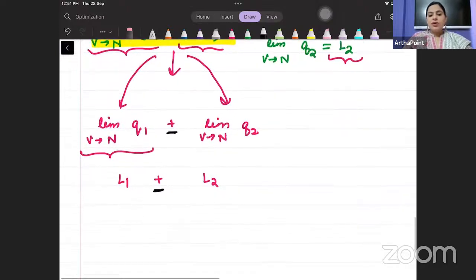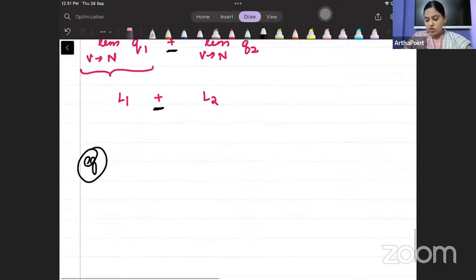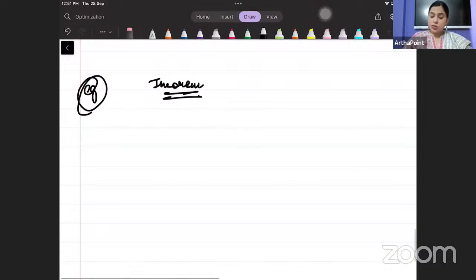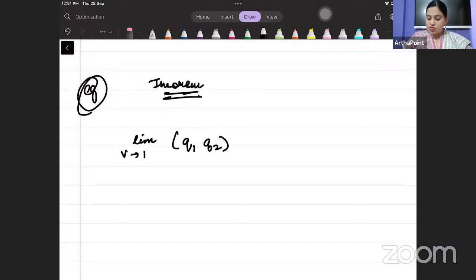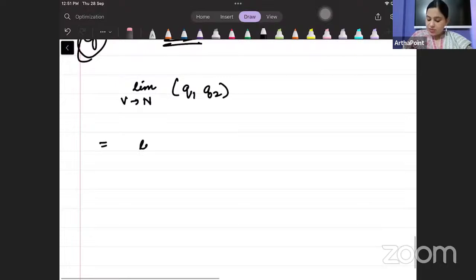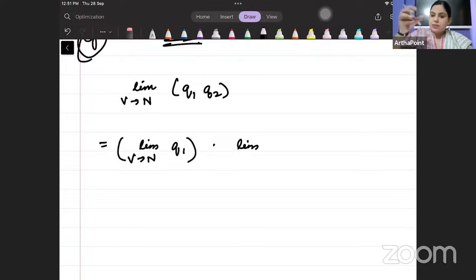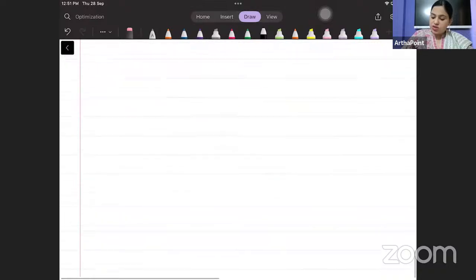Okay. Now बेटा suppose multiplication का rule देखते हैं. So now this is again another theorem. Suppose I tell you limit q1 q2 and here beta I have taken v tends to n. So this can be written as limit v tends to n q1 into limit v tends to n q2, because limit distributes, तो इसके साथ अलग limit लग जाएगी और इसके साथ अलग.